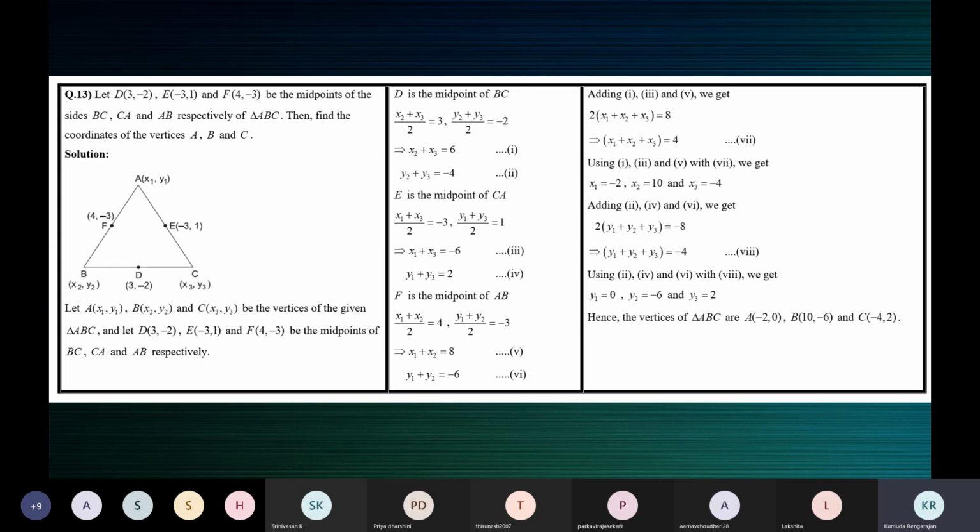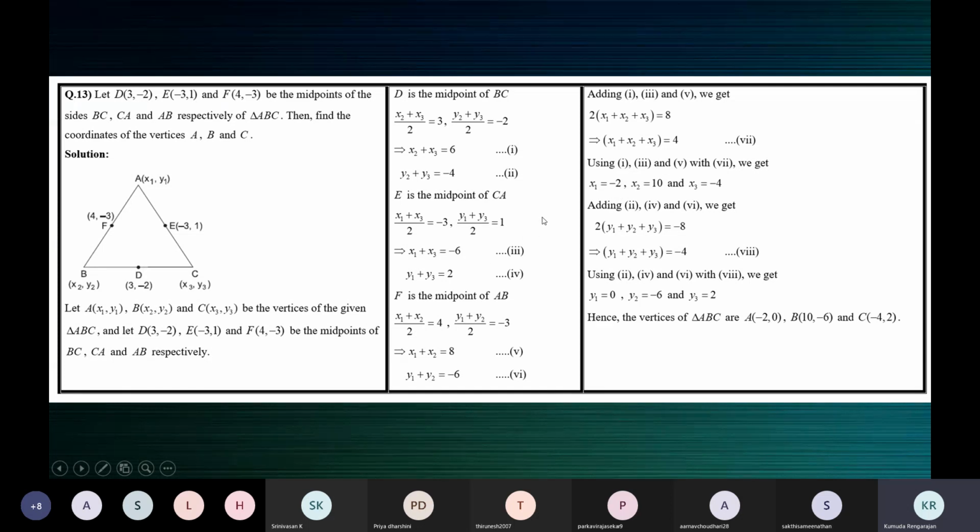Ma'am, for finding that x1, x2, x3, we can substitute in one variable. Okay, I think you said substitute after getting x1, substitute in some other equation, is it?